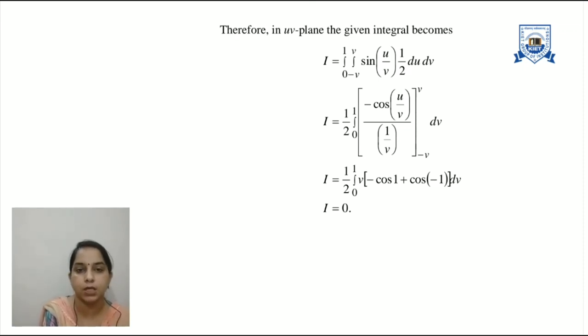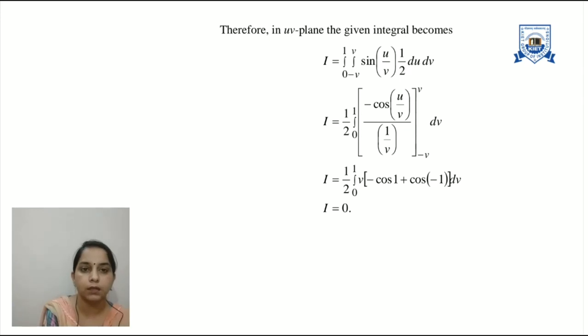From the left the region is bounded by the line u equals minus v, and on the right the region is bounded by the line u equals v. So the limits for u are minus v to v. Also, for v we go from downward to upward. The downward point of intersection is at v equals 0 and the upward region is bounded by the line v equals 1. So we have limits of v from 0 to 1.